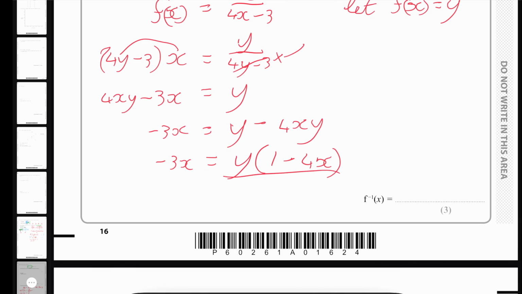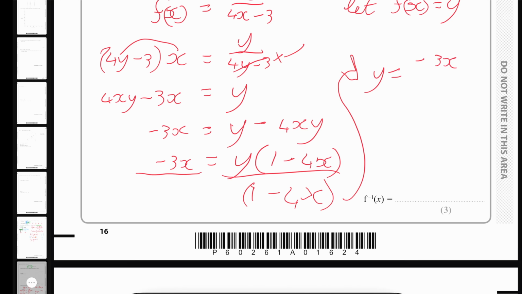And then to get it by itself, I'm going to divide by that bracket and divide it on the other side as well. So we then get y equals minus 3x all over 1 minus 4x.